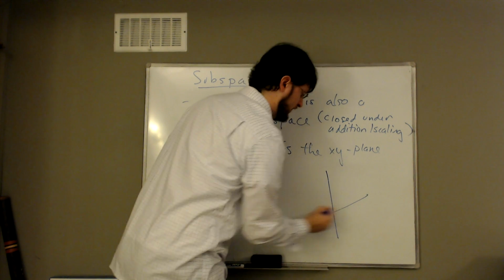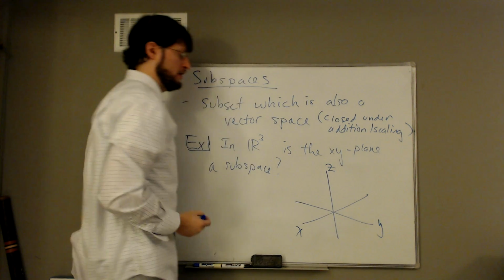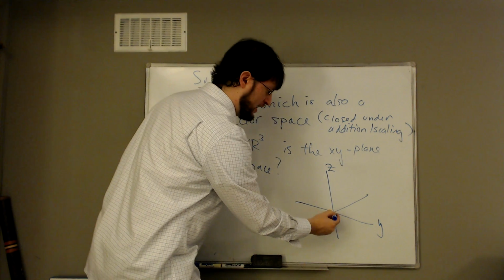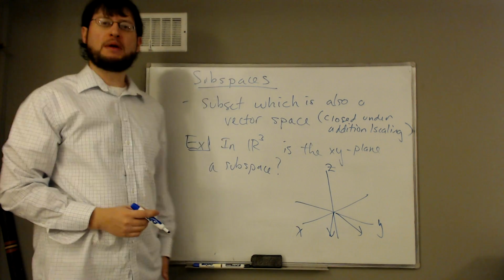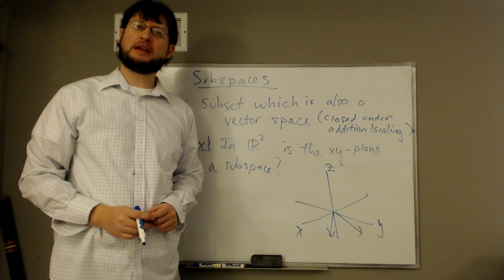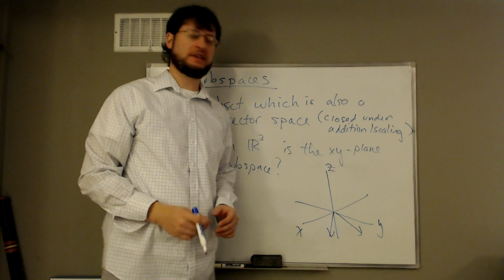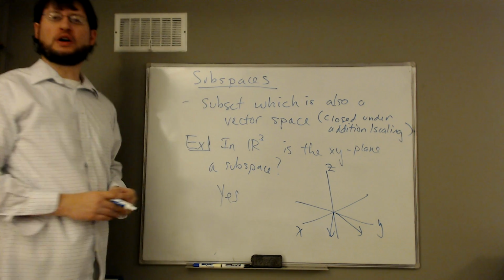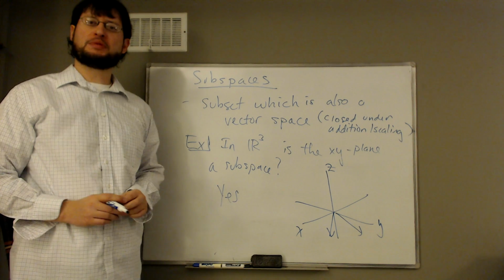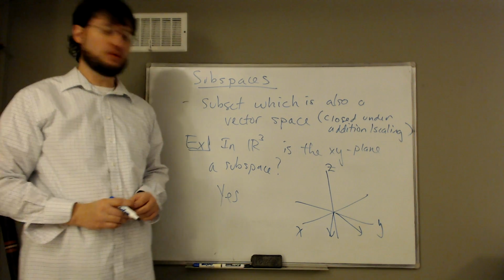Because if I have R3, and I take two vectors that stay on the XY plane, and I add them up, it stays on the XY plane. And if I take a vector that's on the XY plane and I scale it, it stays on the XY plane. And that's really all that it takes in order to be a subspace. Closed under addition and closed under scaling.